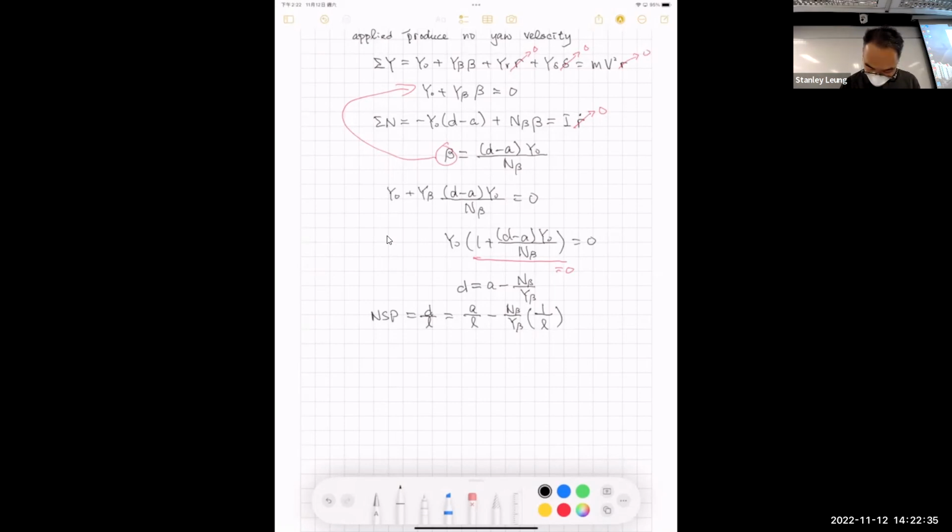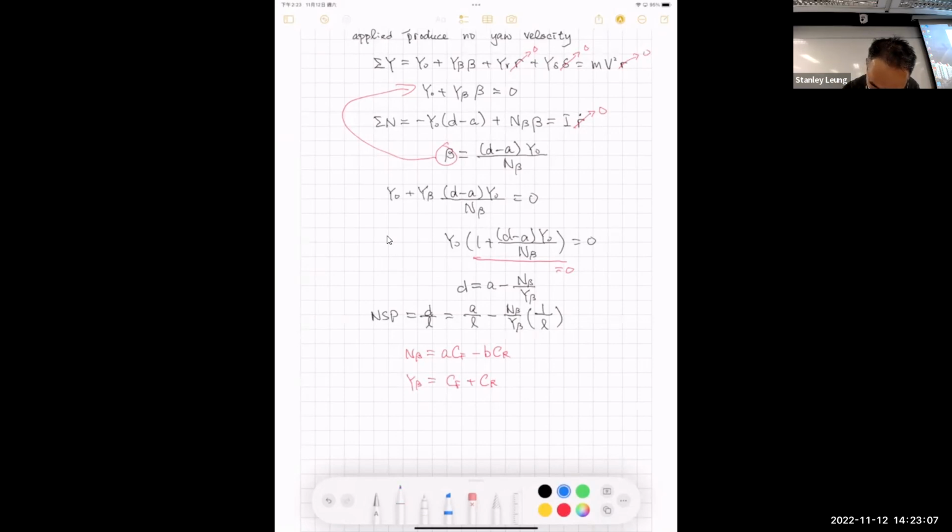So remember N beta equals to minus DCR and Y beta equals to plus CF plus CR. Okay, so this is something that we kept from last week.